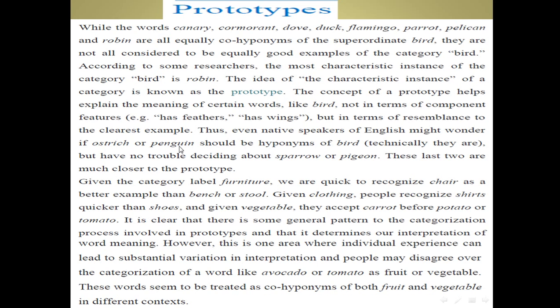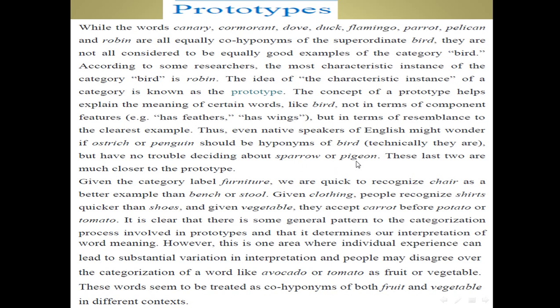Why is penguin a hyponym of a bird? Because penguin has two wings, that means it can be a hyponym of a bird. Some other people consider it as an animal, sea animal, but have no trouble describing sparrow or pigeon.